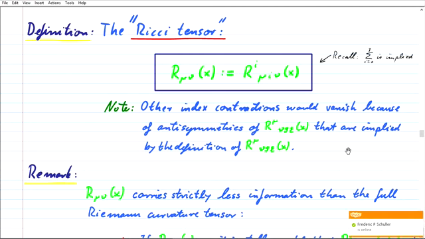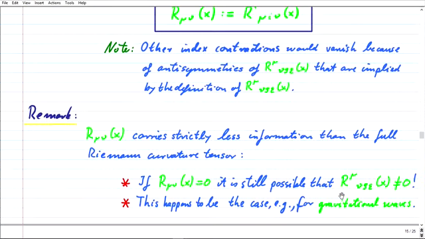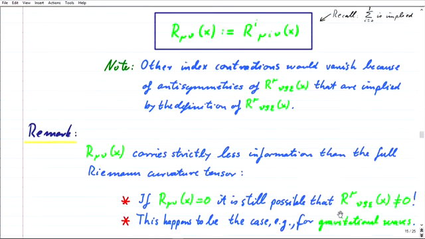Now, other index contractions in principle are possible, but they would vanish because of the antisymmetries and symmetries that are inherent in the Riemann curvature tensor. There's really only one way to cut the 4 indices down to 2 indices without it all going to 0. So we have the Ricci tensor here. And it turns out that as we take this contraction, we are losing information.